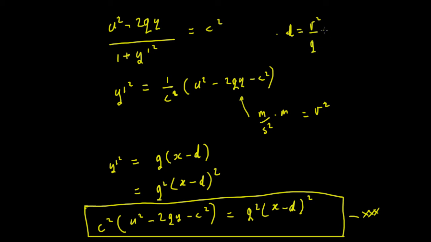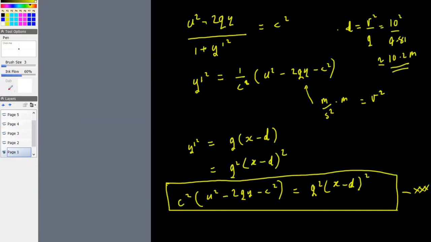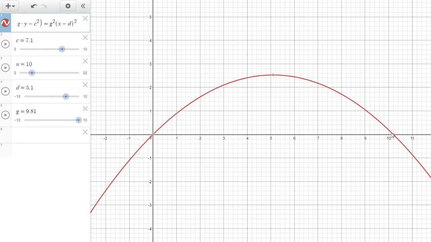So the initial velocity squared, that's 10 squared upon 9.81, which is approximately 10.2 meters. If I go back into Desmos, you can see the equation does indeed give us the correct value, about 10.2 meters.